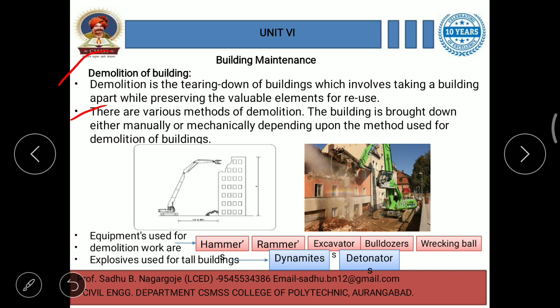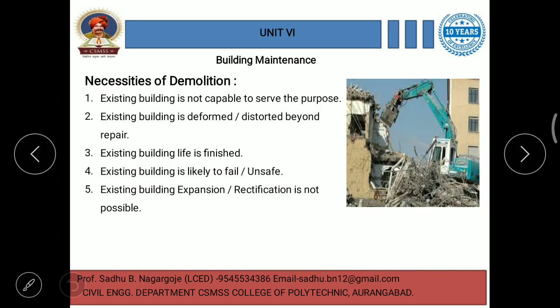The equipments used for demolition work are hammers, rammer, excavator, bulldozers, wrecking ball, and the explosives used for tall buildings such as dynamites, detonator, ammonium dynamites, etc.